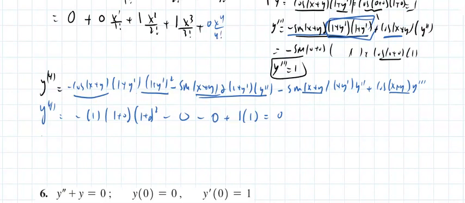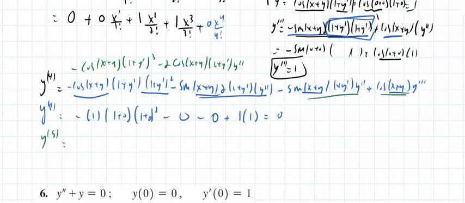Well, one more derivative, that's the coefficient of the fifth. Let me see if I can clean this up. This is negative the cosine of x plus y times 1 plus y prime cubed minus twice the cosine of x plus y times 1 plus y prime times y double prime minus the cosine plus the cosine.